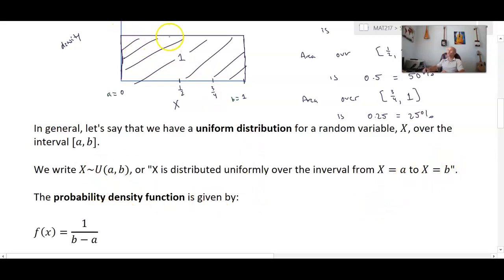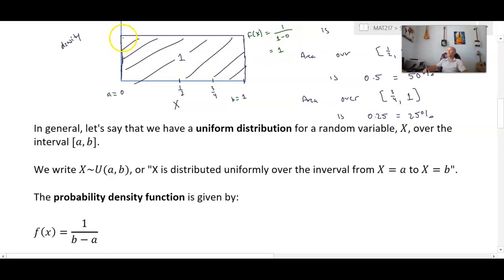Now the equation of this function, because we're going to need to be able to find areas underneath it, this function is actually 1 over b minus a. So up here, f of x is equal to 1 over 1 minus 0, which is equal to 1 over 1, which is equal to 1.